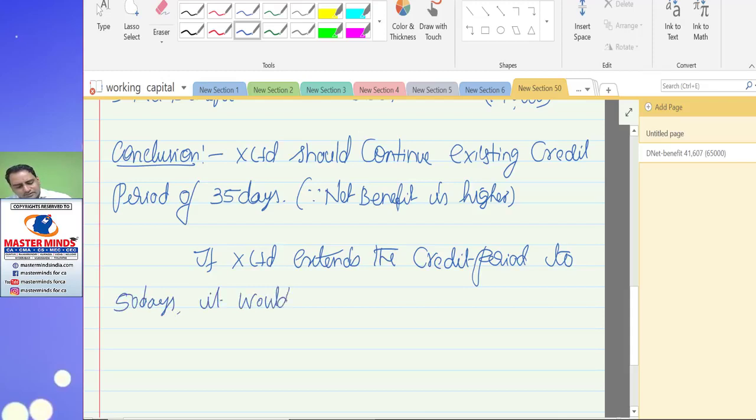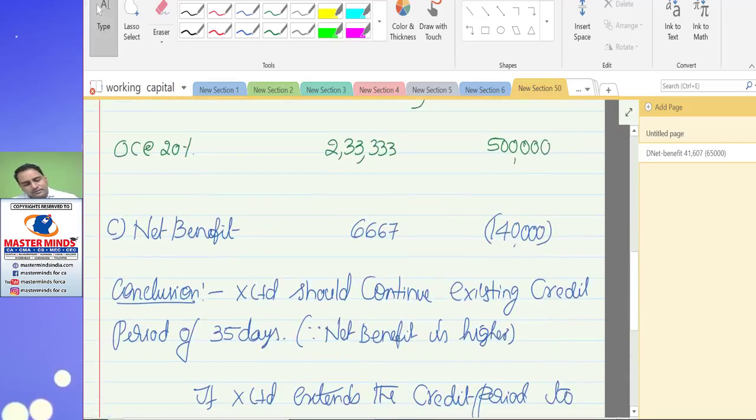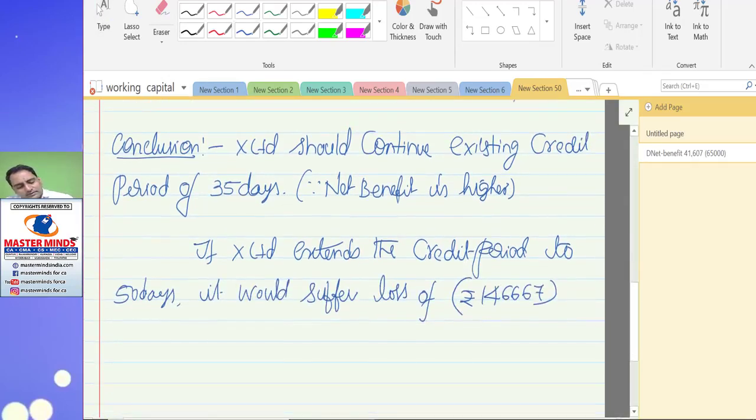it would suffer a loss of 1,46,667. You have to forego 6,667 profit, and you have to suffer a loss of 1,40,000. The total loss is 1,46,667.